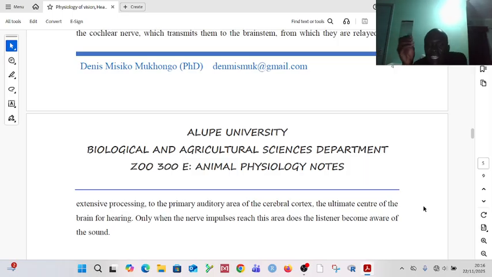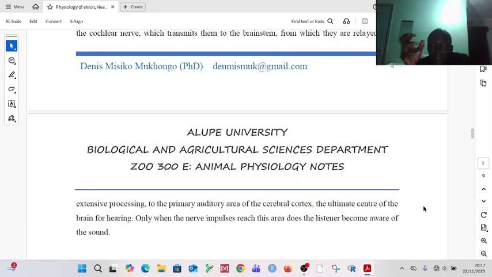Because once they reach the brain through the cochlear nerve, then the brain now does what? Interprets. Okay? The area within the brain is the cerebral cortex. That is what does the interpretation. Okay?